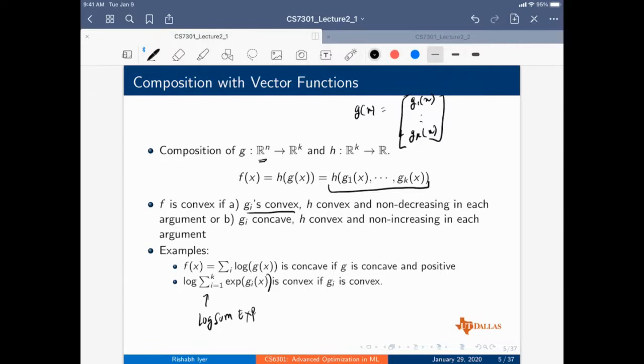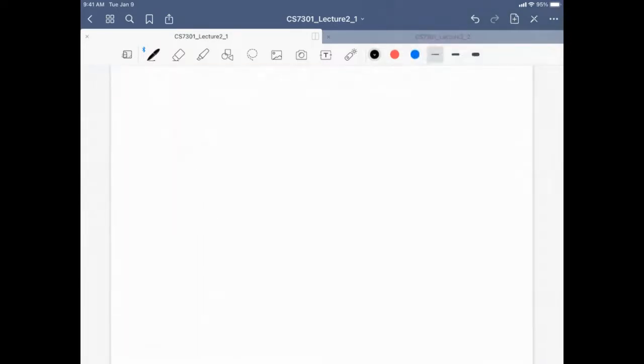So maybe I'll just have a side slide over here. In general, in deep learning, we have functions like this, where you have psi1 of the sum of i from 1 to say m1 of wi psi2 of, and so on, right?